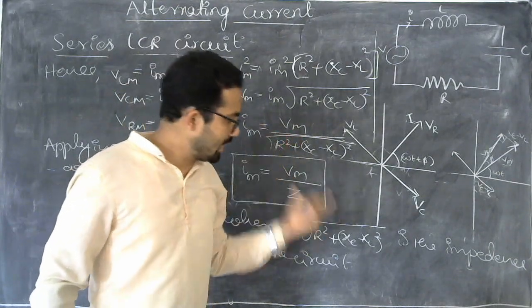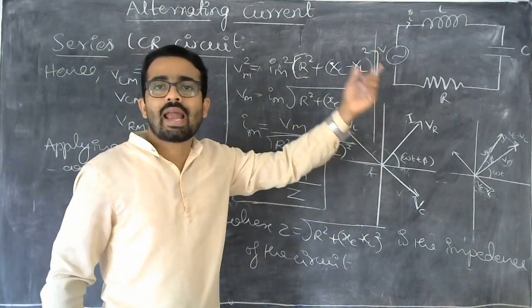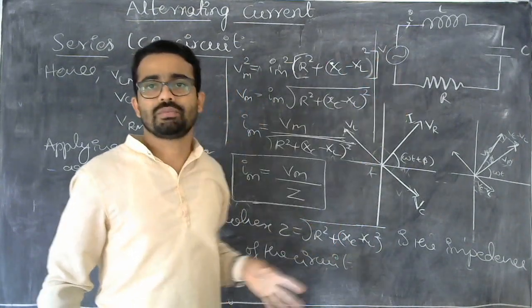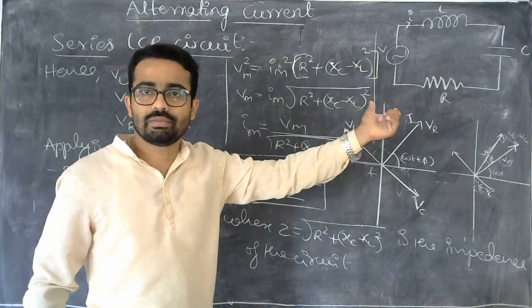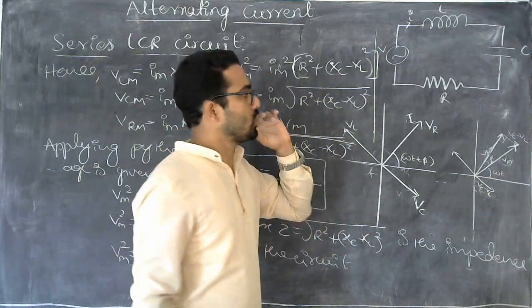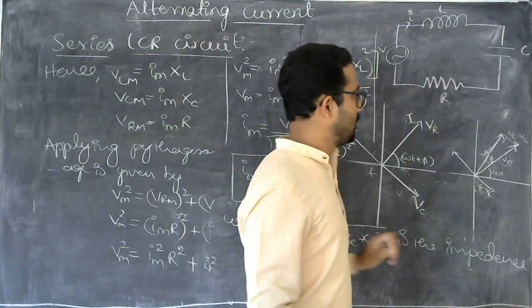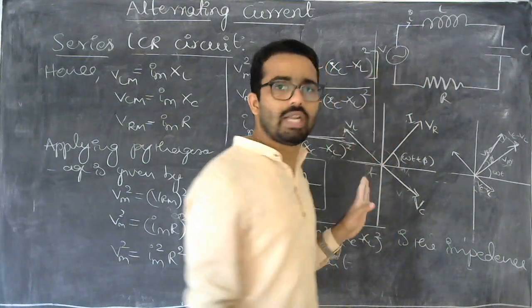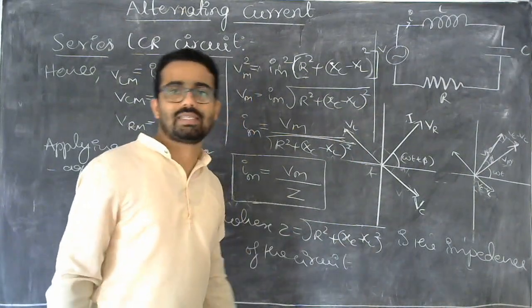Because of this, the current lags the supply voltage, because we know that in an inductor the current lags the voltage. So the same thing will happen here also. I told you that there will be a phase difference between the current in the circuit and the supply voltage, and that is because of Xc and XL.